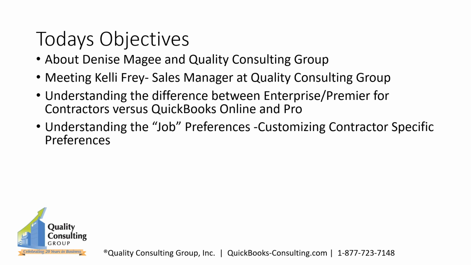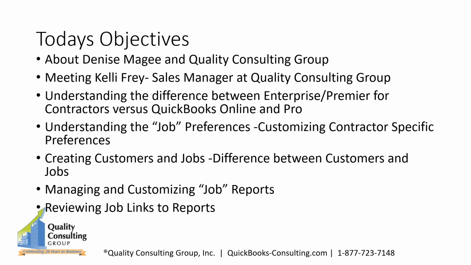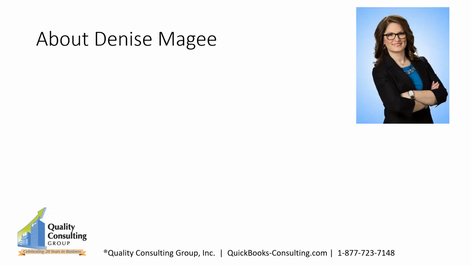Also understanding the job preferences, specifically the customer jobs, and your contractor-specific preferences. Next, we will look at creating the customers and jobs and the difference between the two, managing and customizing the job reports, and then also reviewing the job links in your reports and in your jobs themselves.